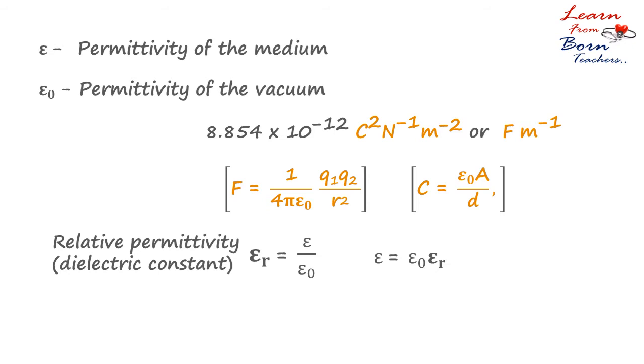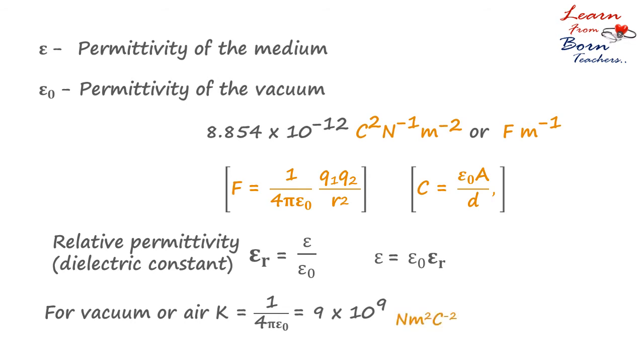If the charges are in vacuum, k is equal to 1 by 4 pi epsilon 0. After substituting the values for pi and epsilon 0, we get 9 into 10 raised to 9. And we can find its unit also from the equation of force. It will be Newton meter square per Coulomb square.